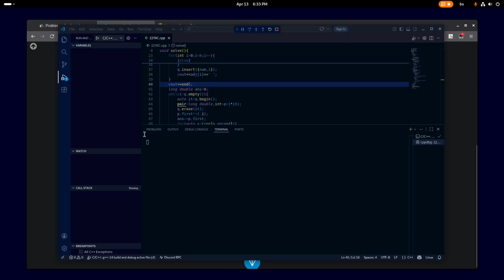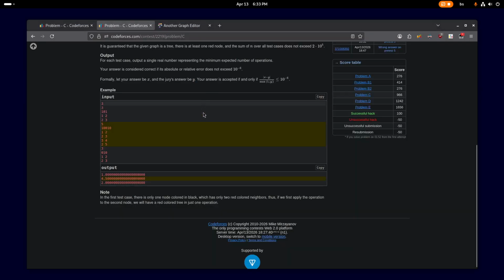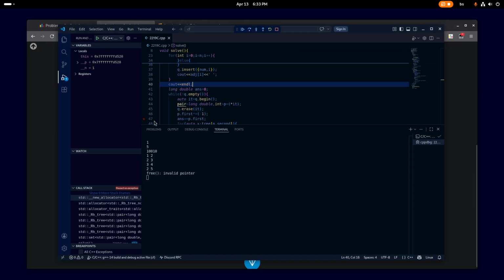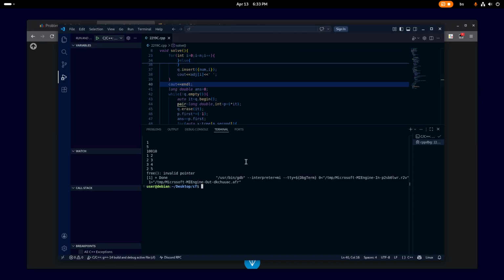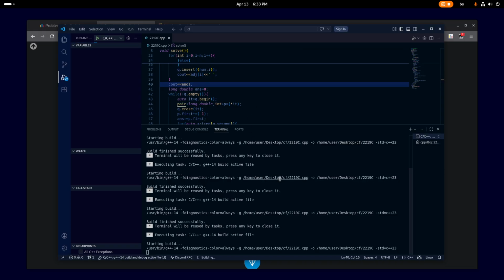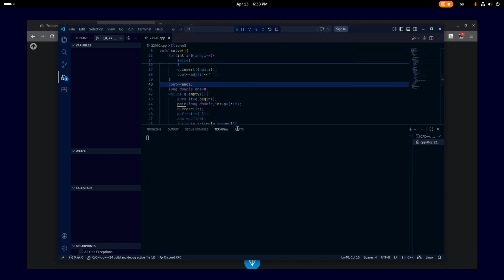I'll just put one. Okay, this one invalid pointer. Okay, I'm not solving this. 2 minutes left. Unless I, by some miracle, find the bug immediately. I ain't solving this.